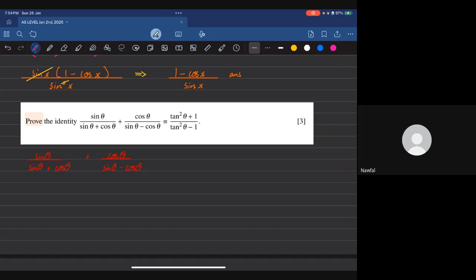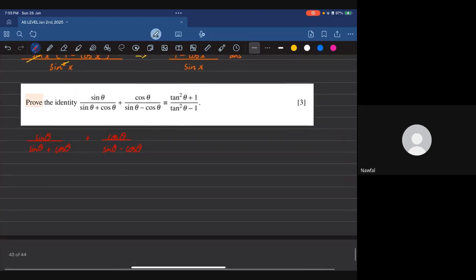And you have to convert it to tan square theta and tan square theta. And then I cross multiplied it. Can you cross multiply? Like this is plus, you're supposed to take the LCM.